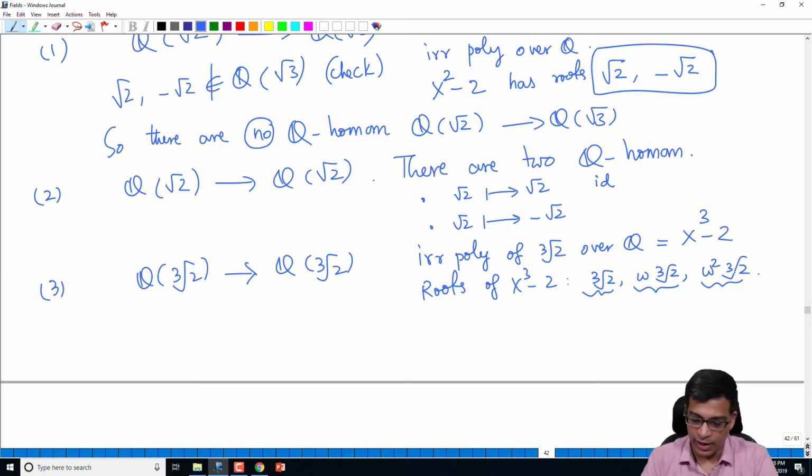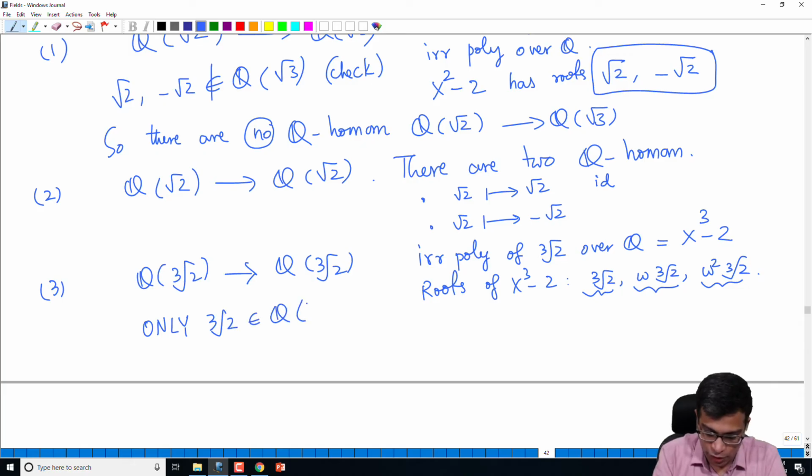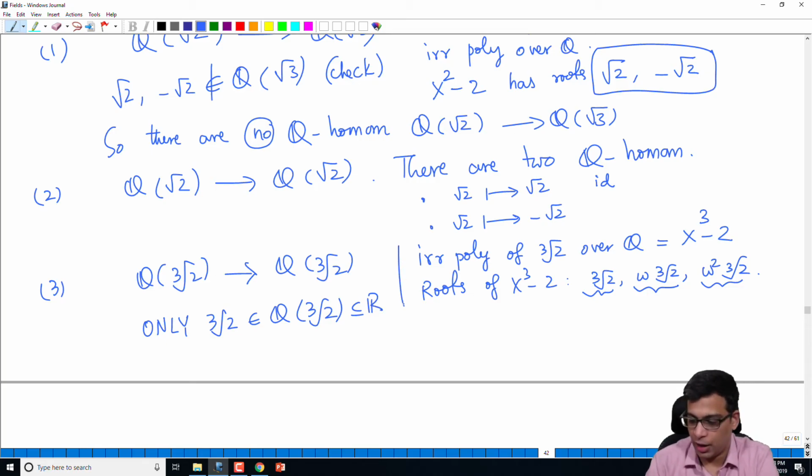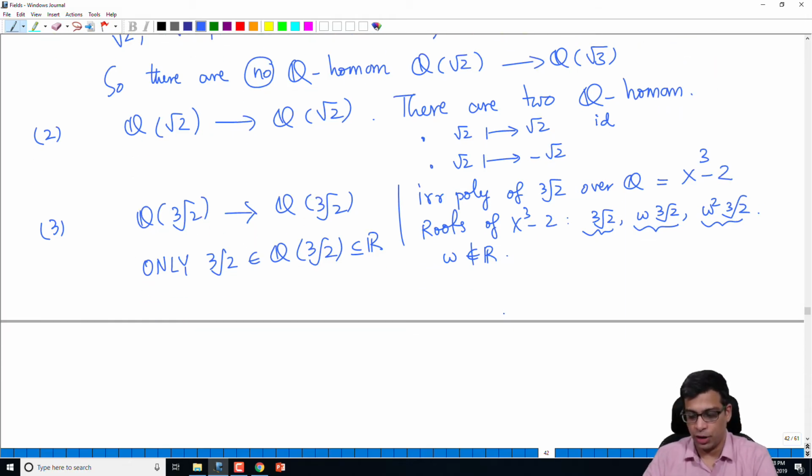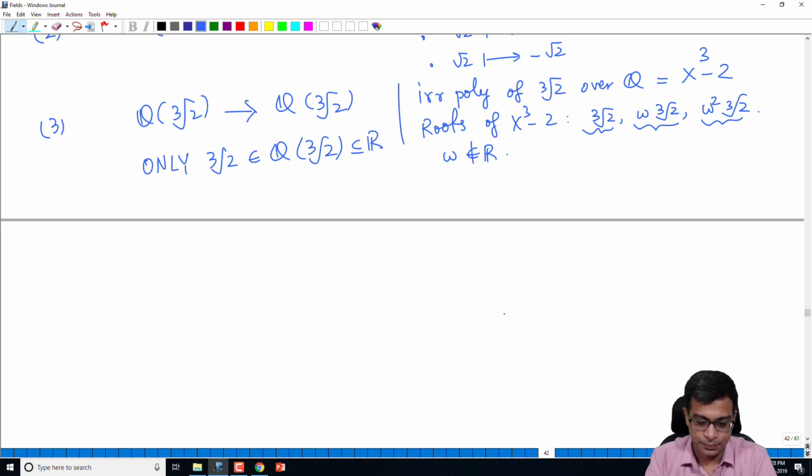But how many are there in this field? Only cube root of 2 is in Q adjoined cube root of 2, because we know that this is a real field. This is contained in R, whereas omega is not in R. Omega is a purely complex number. It's not in R. So there is only one possible image for cube root of 2.